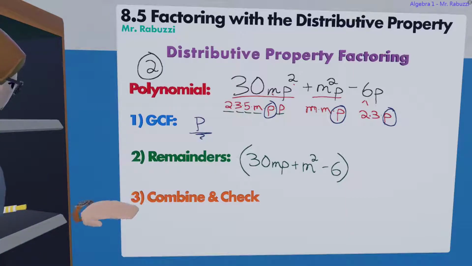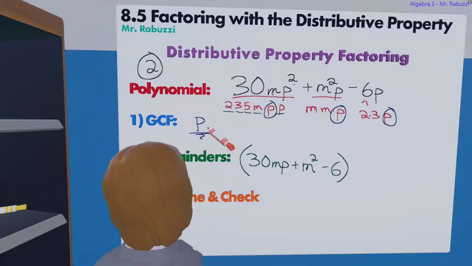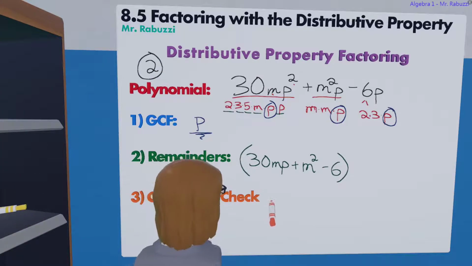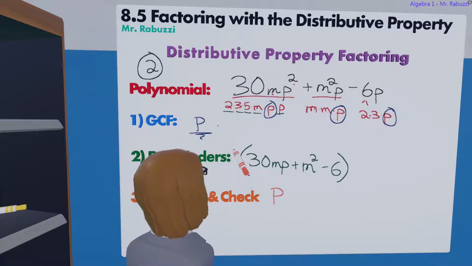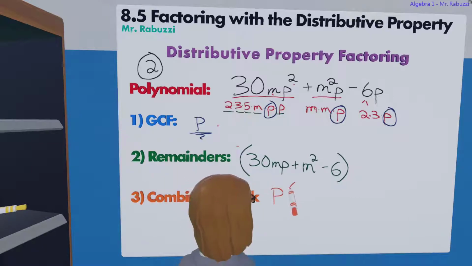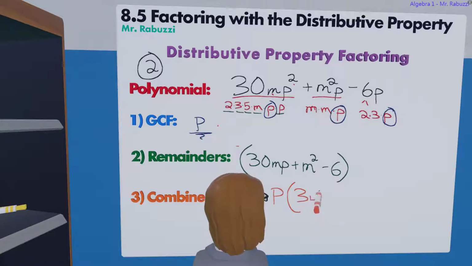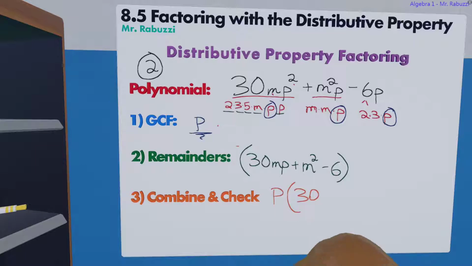All right. Now we're going to combine them and check. We have P. Right, we take this part and this part together. P, parentheses, 30. I don't like that 30.